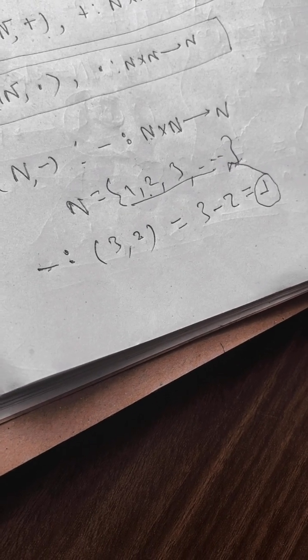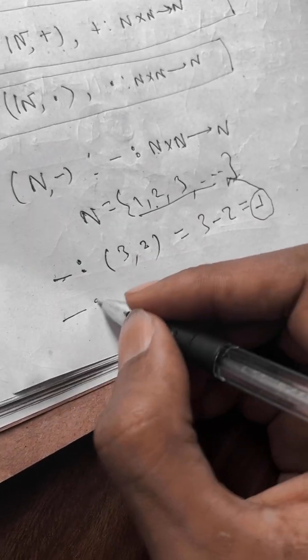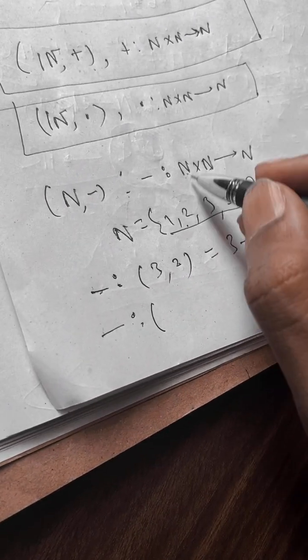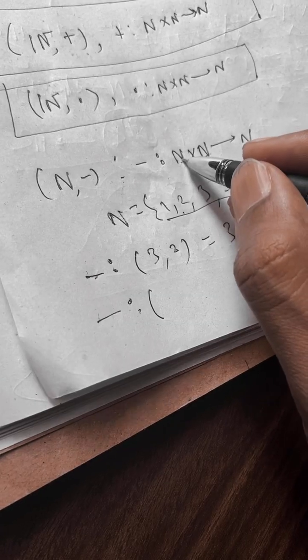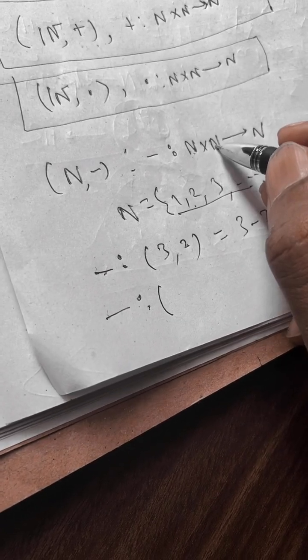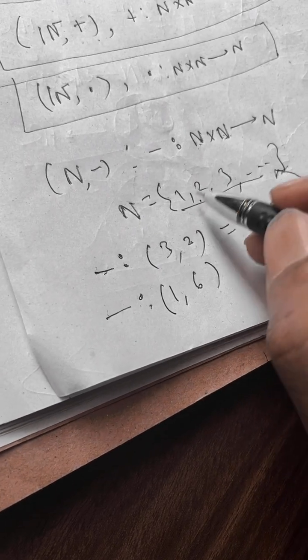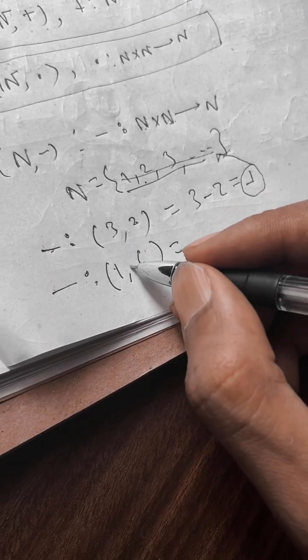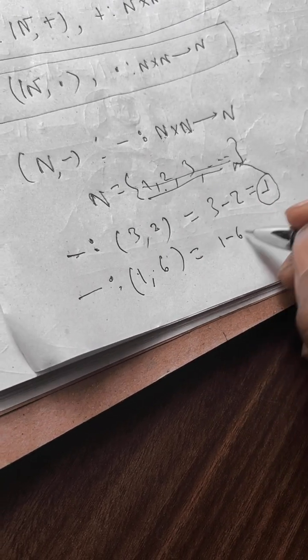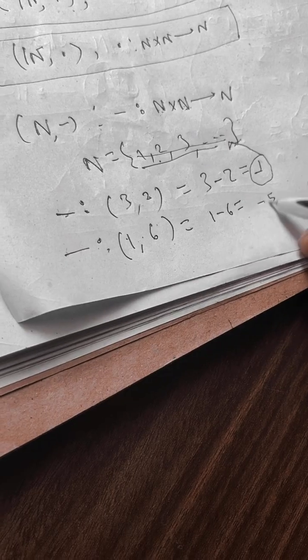Well, not really. What about this one? Let's say we choose two numbers from here, one from this set, one from this set. Both are the same set. So let's say I choose 1 and 6, and both are in this set. What is it going to do? It's going to put a minus sign here. So 1 minus 6, what is the answer? The answer is minus 5.